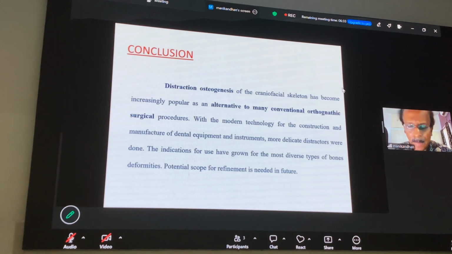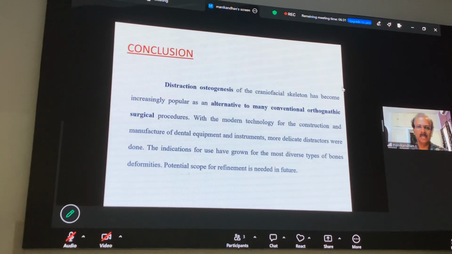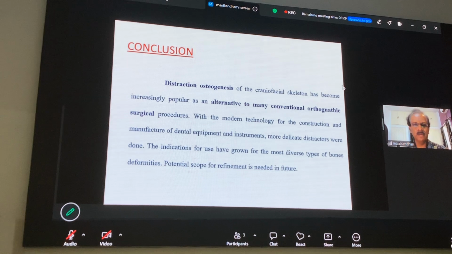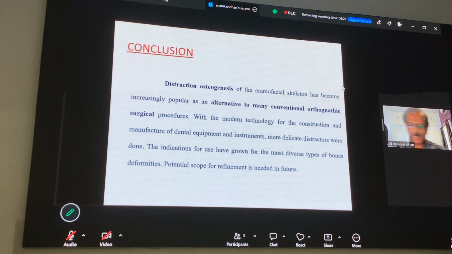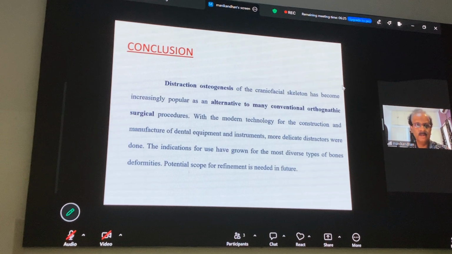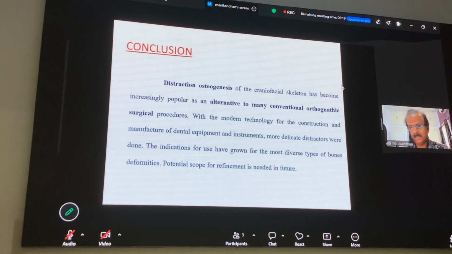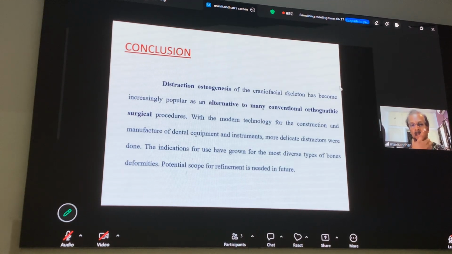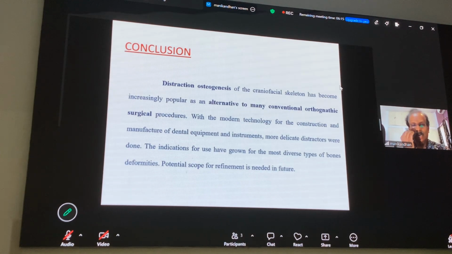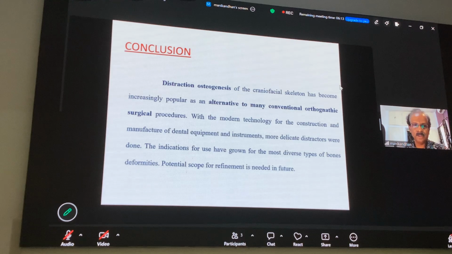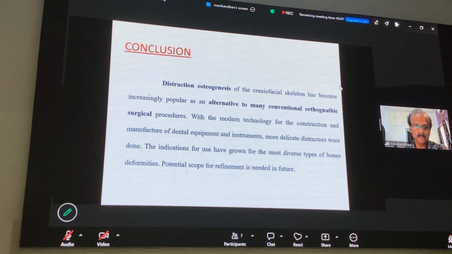So in short, I have to tell you that I was a real big fan of distraction procedures for the last 25 years, but now I have very limited indications in my practice for distraction. I may probably do it for management of late alveolar height increase or increasing the anterior width of the mandible.